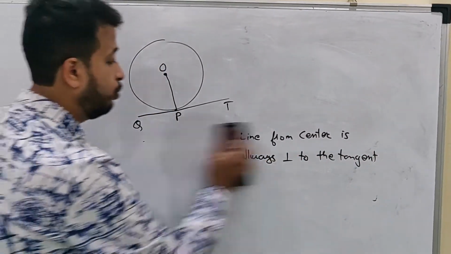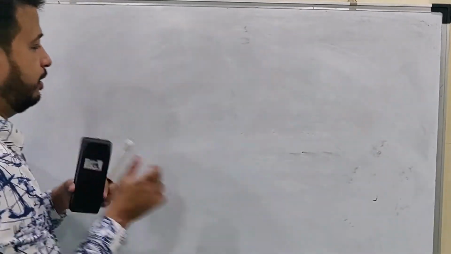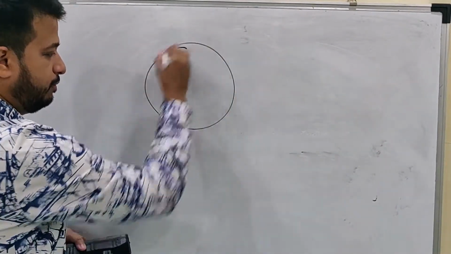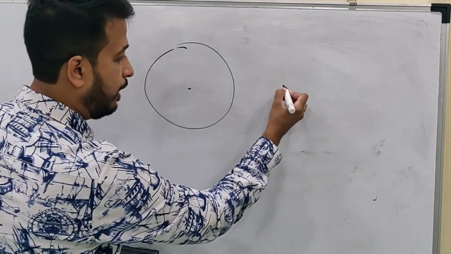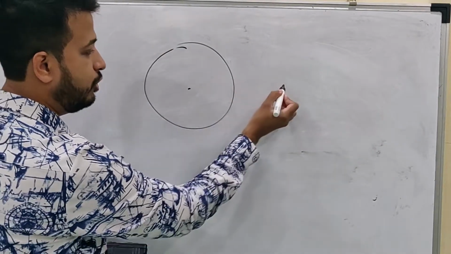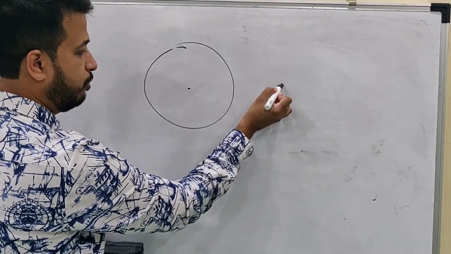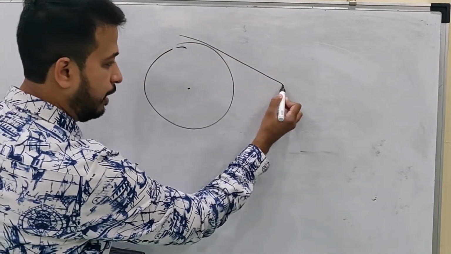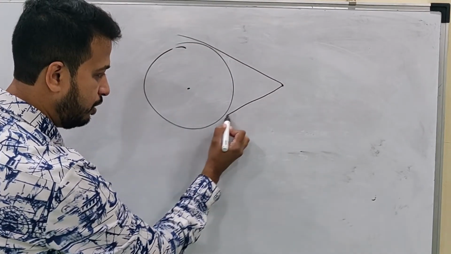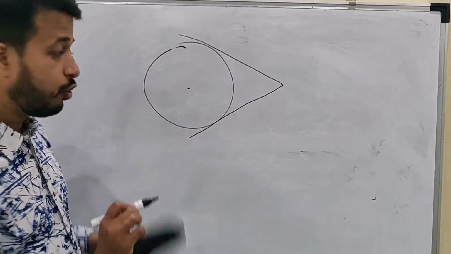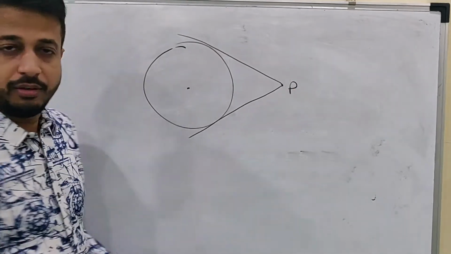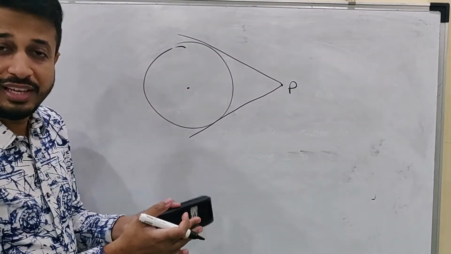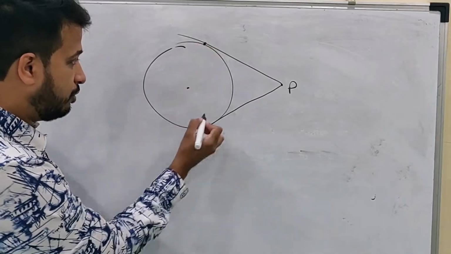Now suppose there is a circle, and I draw a tangent from a point to the circle, and there is one more tangent to the circle. Both tangents are drawn from the same point and my circle is the same.